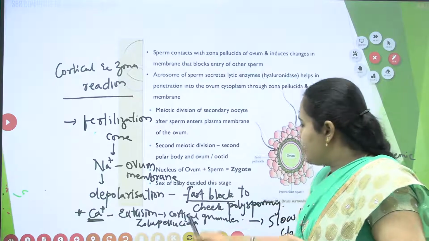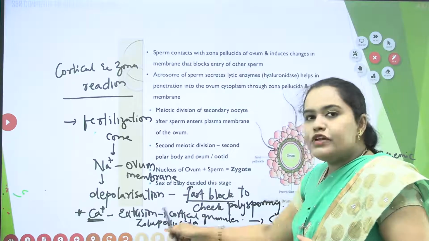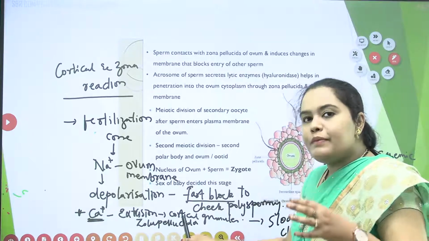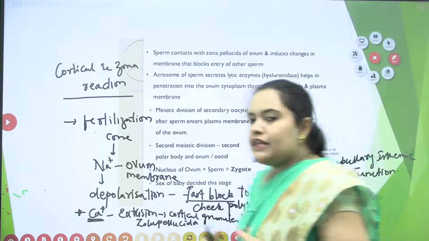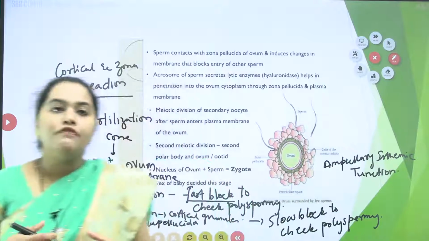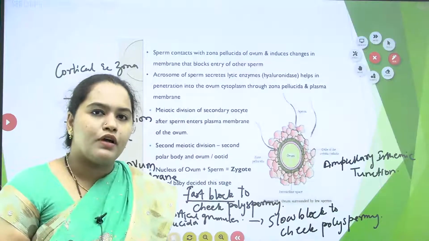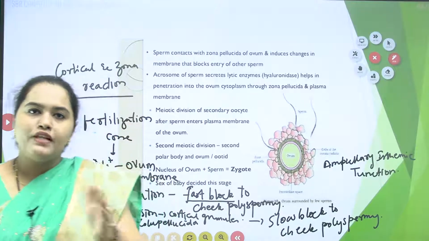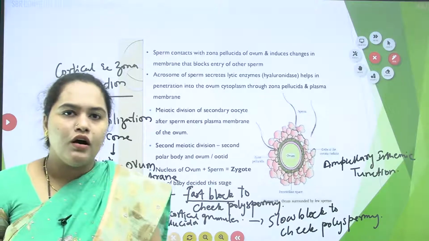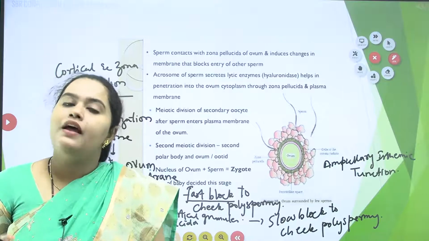That is the cortical reaction, and then the thickening of the zona pellucida. The zona pellucida will become impervious to further coming sperm. That is why the ova will not get fertilized with more than one sperm. That is what we are calling the competition. As soon as one sperm reaches, it's over. No other sperm can enter.